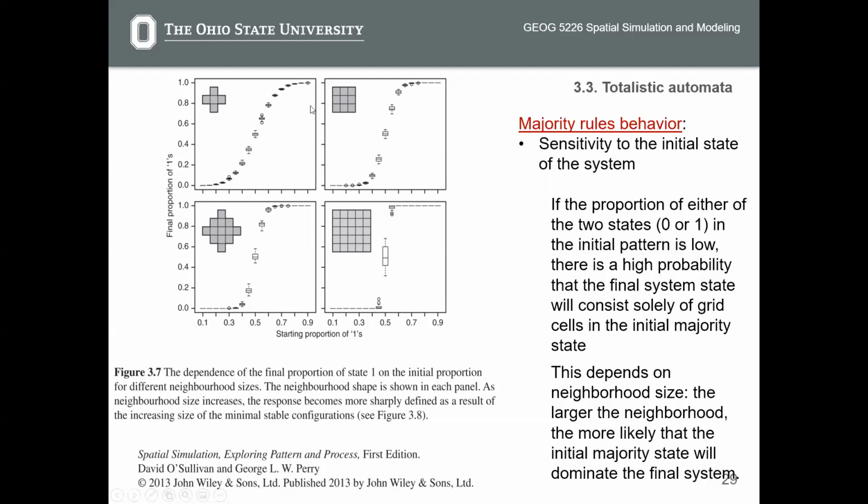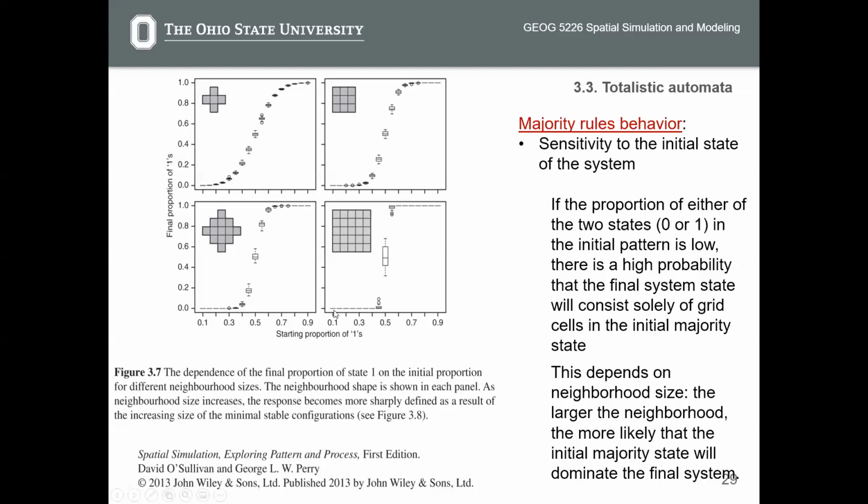But if we increase the size of the neighborhood, let's just check the last figure here. From 0.1 to 0.4, if that's the initial proportion of ones, when the system achieves a stable state, okay? Sorry, it's my cat. It will be 0 for sure.